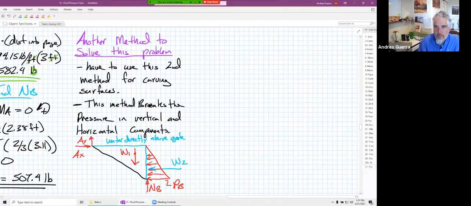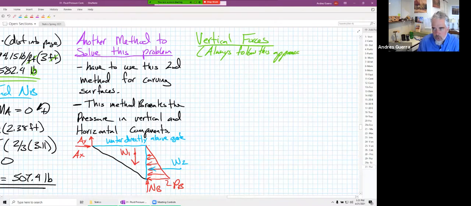So for our vertical forces, we will always follow this approach. W1 is going to be equal to the area of water times gamma.